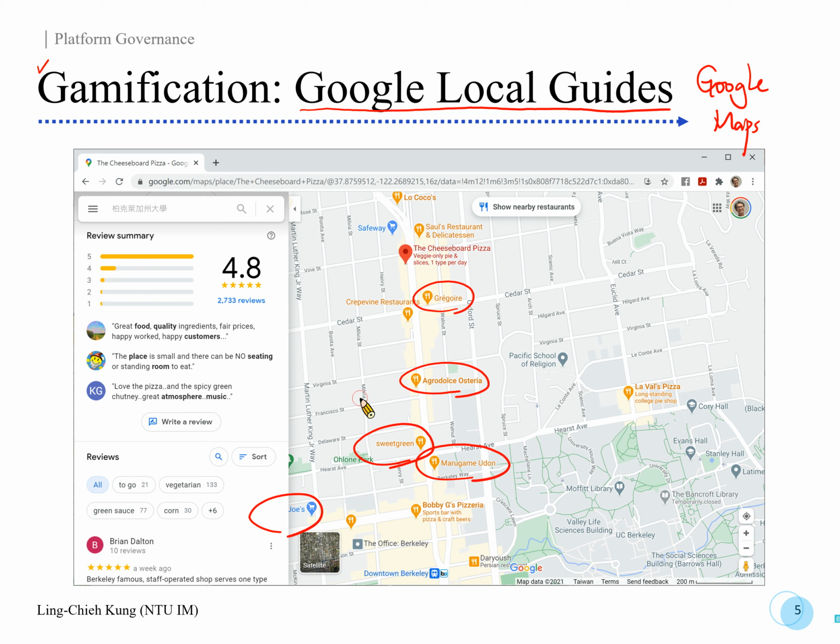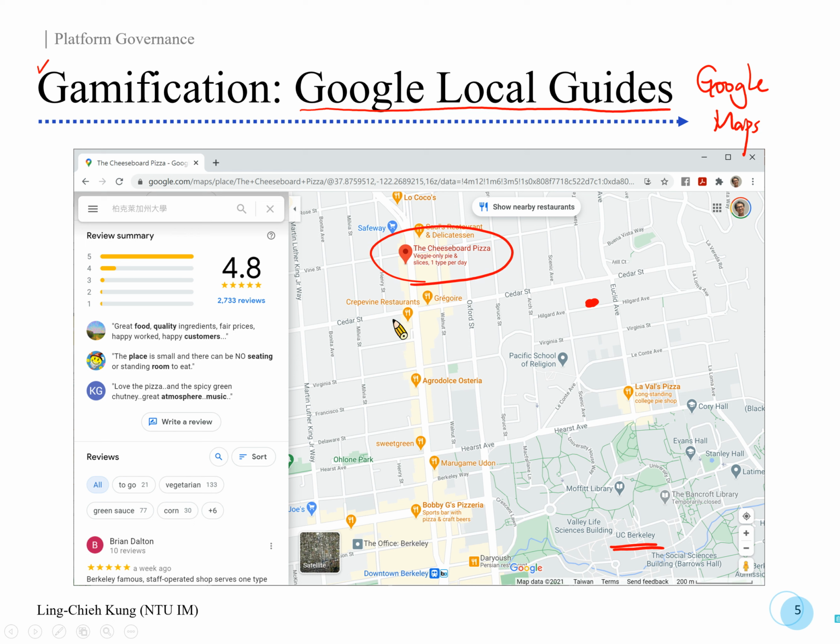For example, the screenshot here is somewhere I lived when I was studying at UC Berkeley. Okay, so this is UC Berkeley. When I was a student there, I lived roughly here. Really nice place. So there's a store called Cheeseboard Pizza. This Cheeseboard Pizza is very famous in Berkeley. If you get a chance to visit Berkeley, you must try.